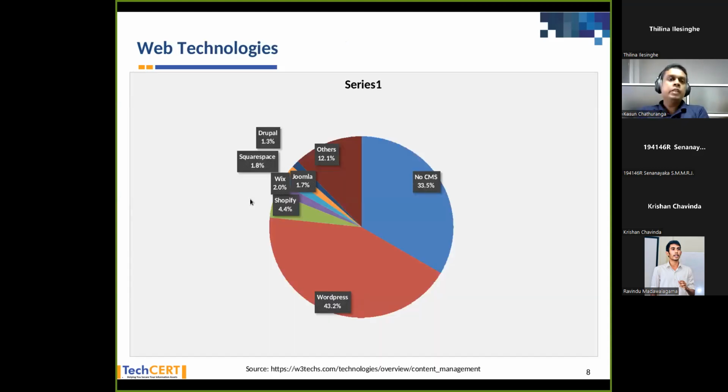If we analyze the technologies which build these sorts of things, you find that there are still HTML-based websites that are non-CMS. About 33% of websites are not based on a CMS.